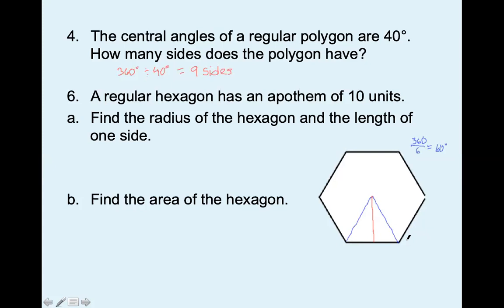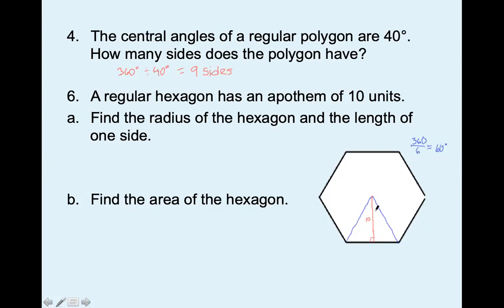All right, so it says find the radius and the length of one side. We know this apothem, so I'm going to go back and relabel this apothem length. We know this is 10 units. We know it hits this side, and it meets it at a right angle. So draw that in there, little 90-degree corner.